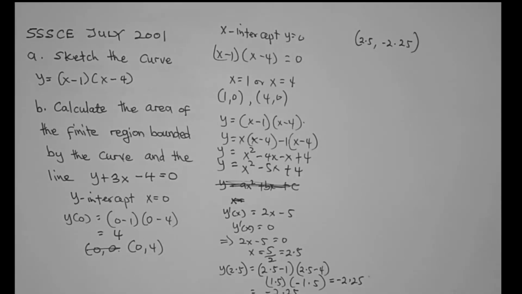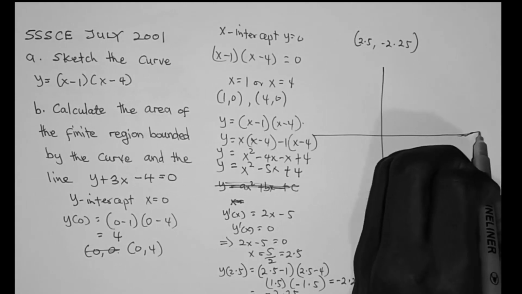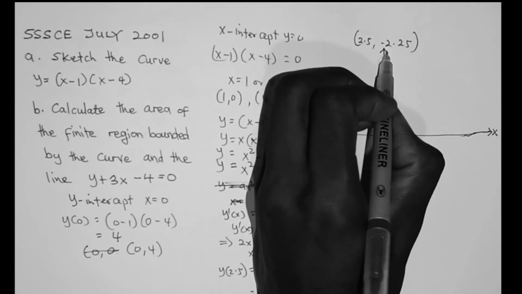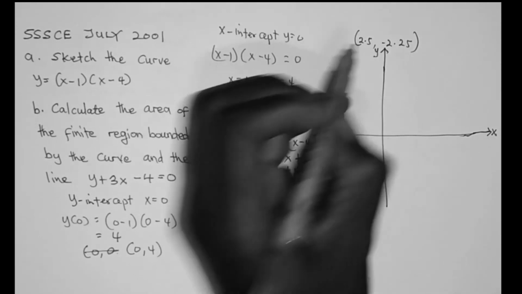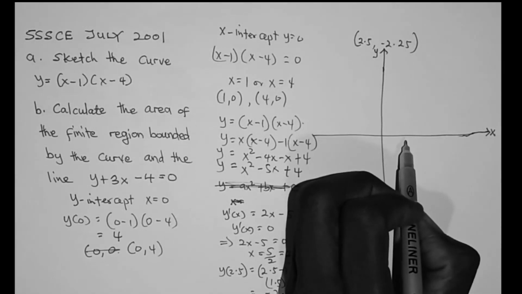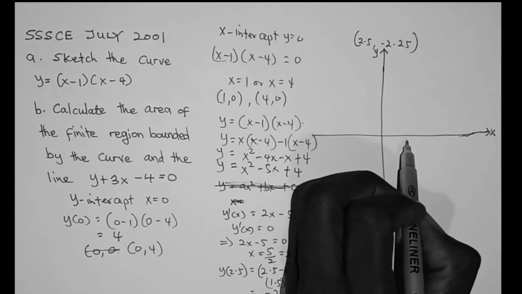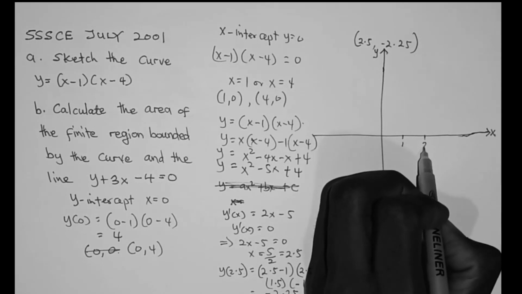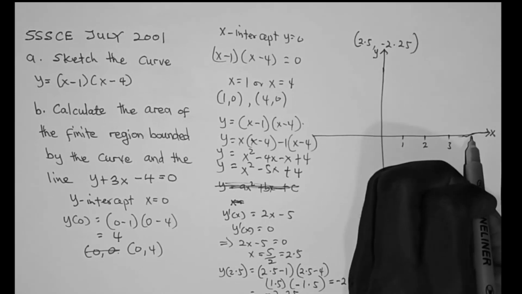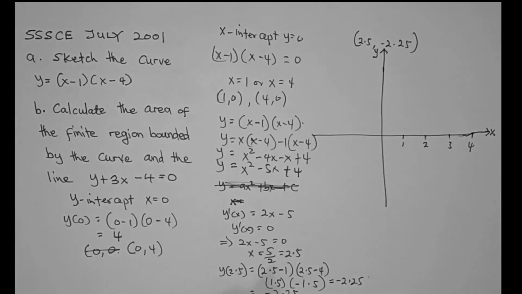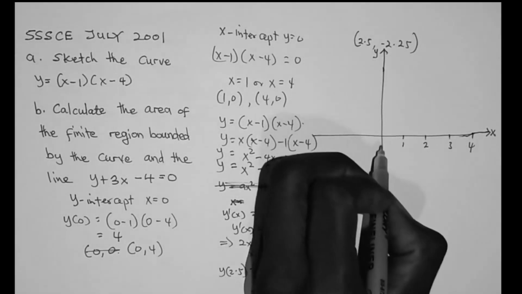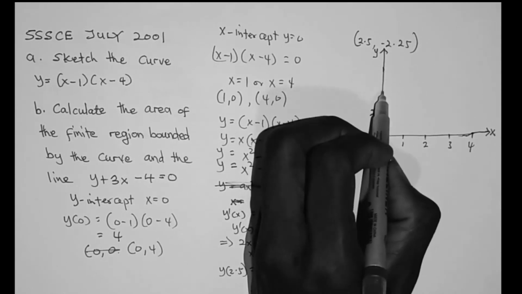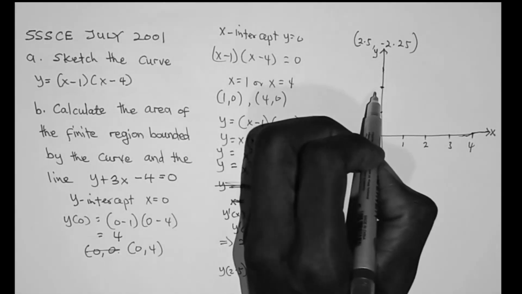So let's go ahead and sketch the curve. This is our x-axis and this is our y-axis. So we have 1, 2, 3, and then 4. Let's assume this portion is 0, this is 2, and this is 4.